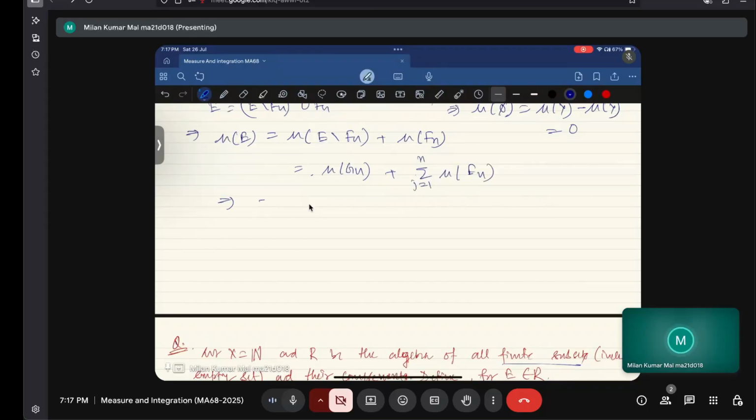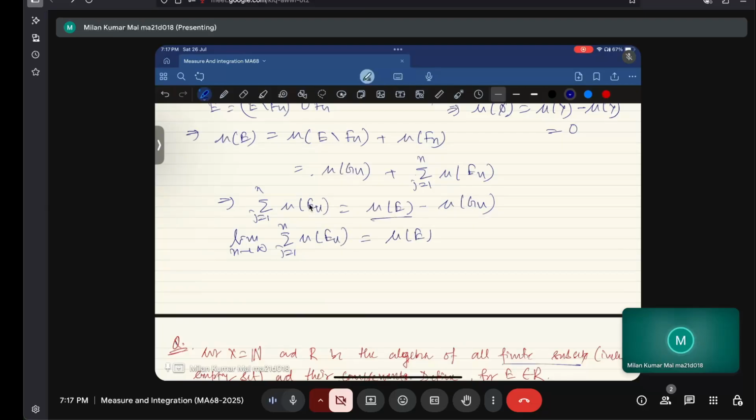So what we get is summation j equals 1 to n mu of Ej is equal to mu of E minus mu of Gn.